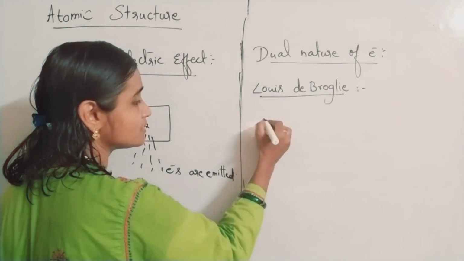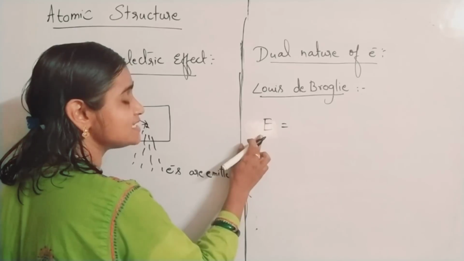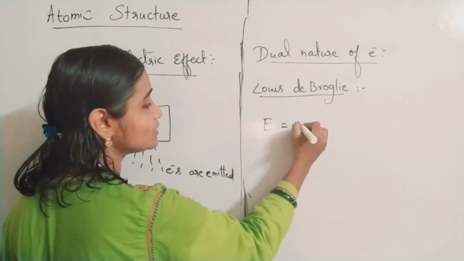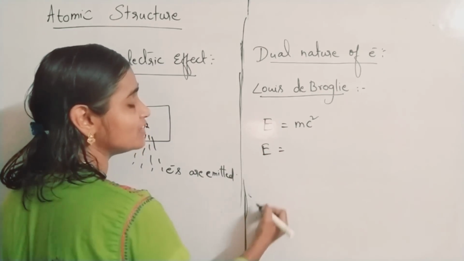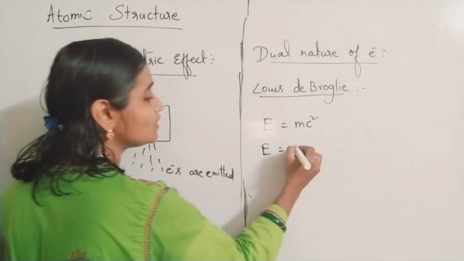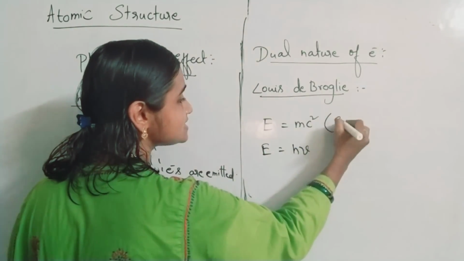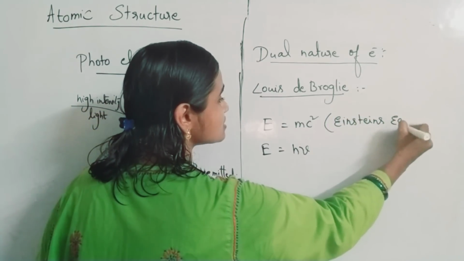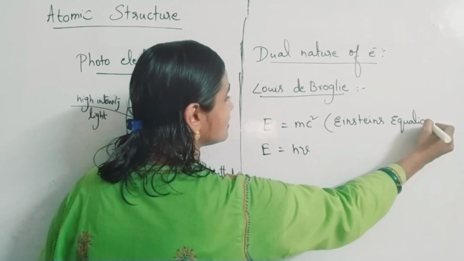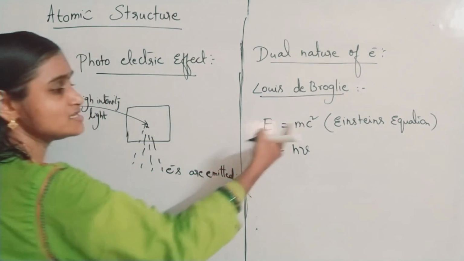So accordingly, how he has produced his concept using Einstein's mass energy equivalence: E is equal to mc square formula is there, you all know, and you also have E is equal to h nu. This is Einstein's mass energy equivalence, Einstein's equation. Albert Einstein gave mass energy equivalence.